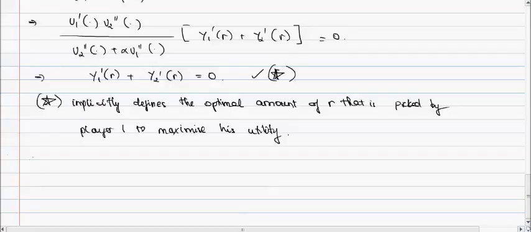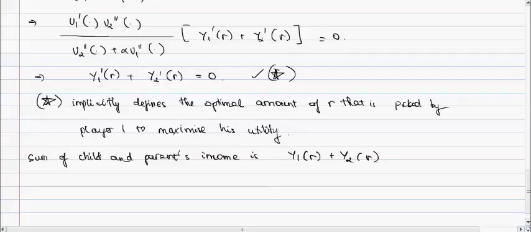Now we can see that the sum of the child and the parents' income is y1 plus y2, where y1 is a function of r and y2 is a function of r.